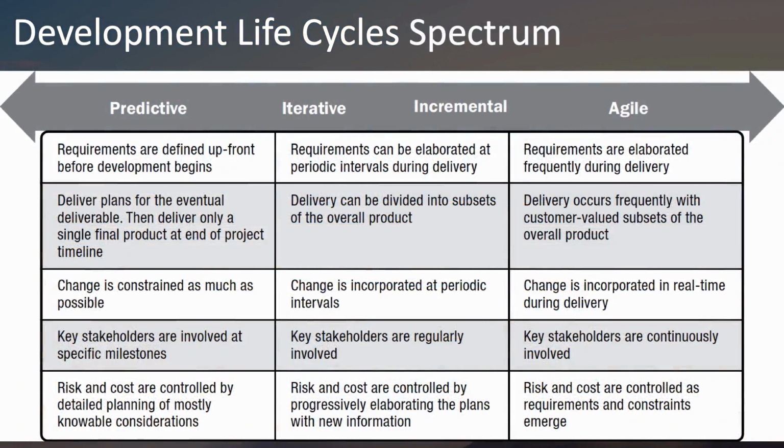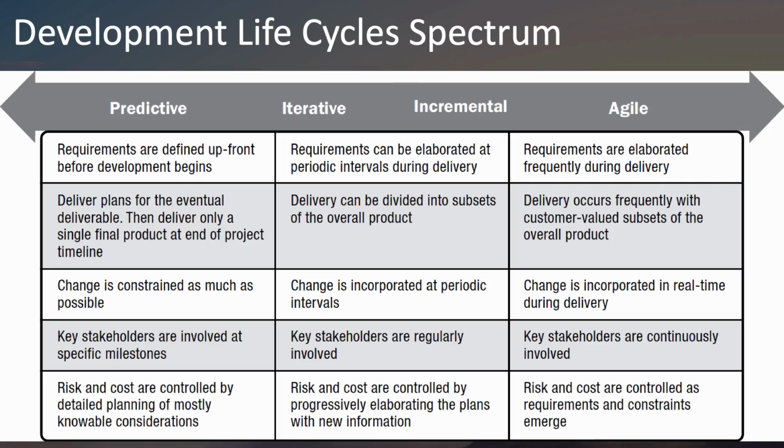The appendix includes this development life cycles spectrum or table, which shows the spectrum of development life cycles from predictive on one end of the spectrum to agile on the other end, with iterative and incremental in between. This should help you to visualize that iterative is closer to predictive and incremental is closer to agile.